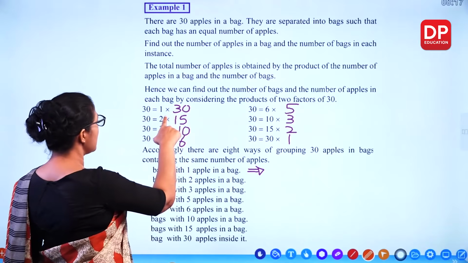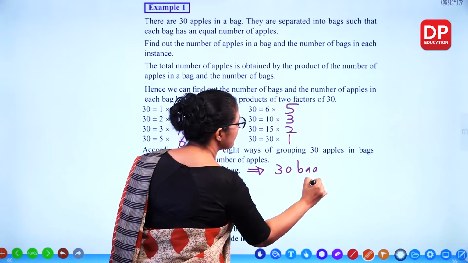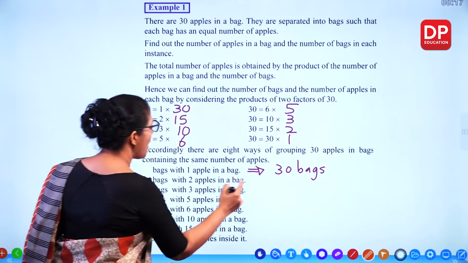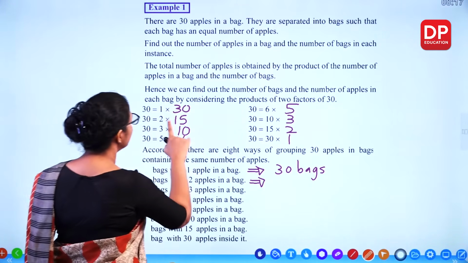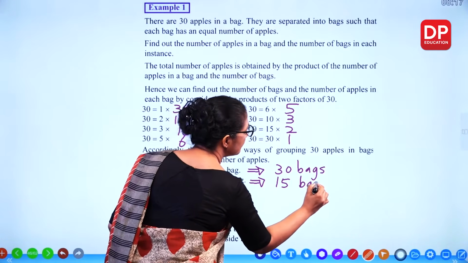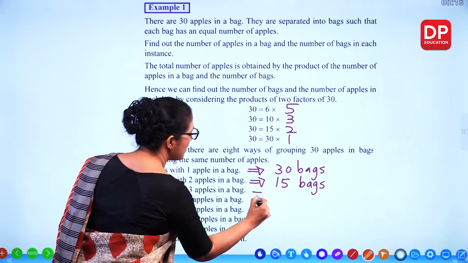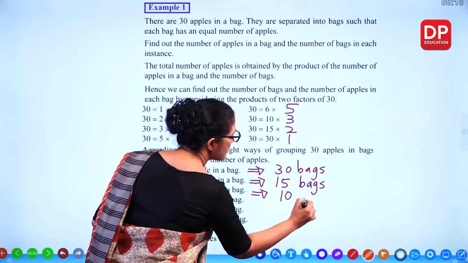You get 30 bags. 2 apples in a bag, 2 times 15, you can make 15 bags. And 3 apples in a bag, you can make 10 bags out of that.